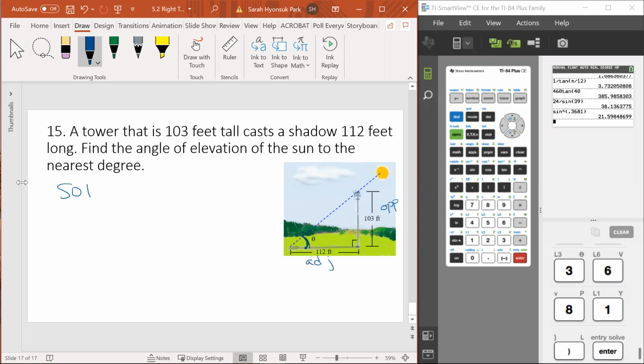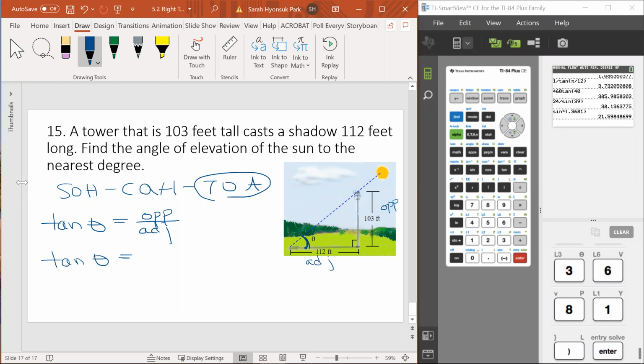And the trig function that deals with opposite over adjacent is the tangent. So we know tangent theta is equal to opposite over adjacent. So if I want to set this up again, tangent theta is equal to 103 over 112. And we're trying to find the angle. That's the angle that's missing.